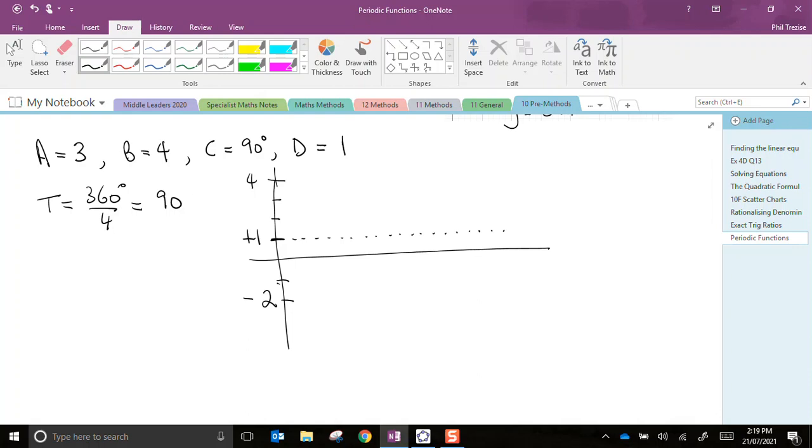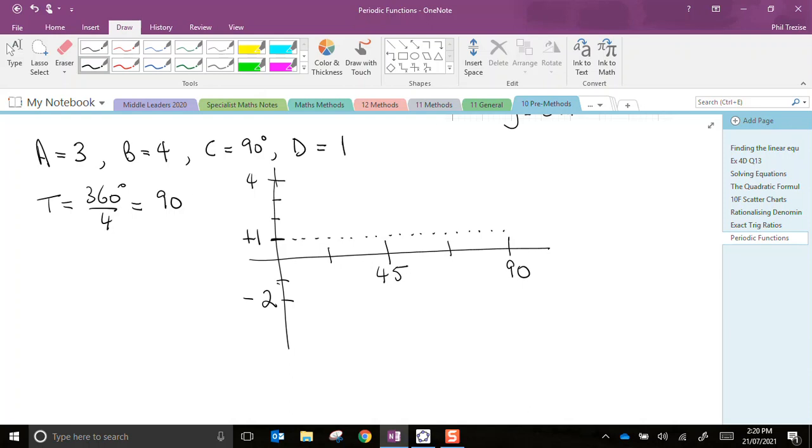The next thing I need to know is t. T is 90, so I'll mark a position over here at 90, which represents a full wave. I'll split that into half. Half of 90 is 45, and then I'll divide each of those again, so I have 4 sections to the graph. It's much easier to do these diagrams in 4 steps.